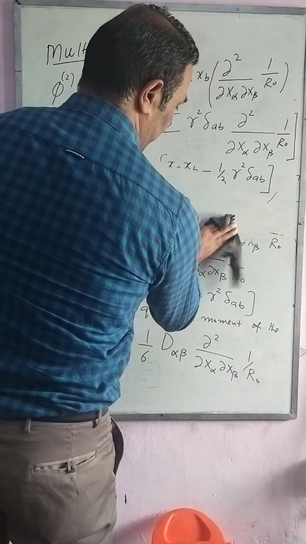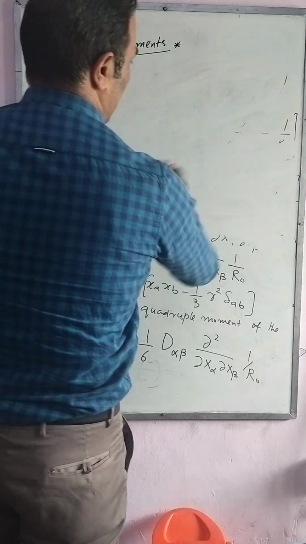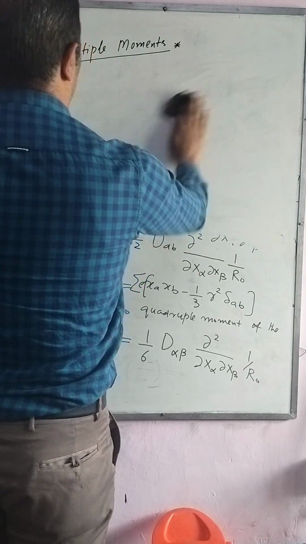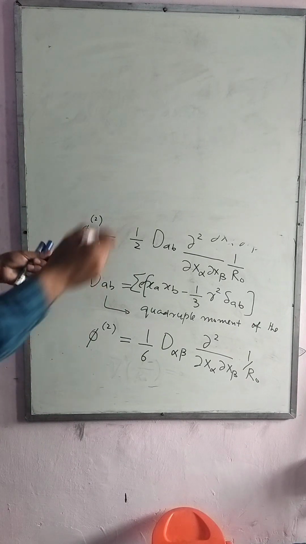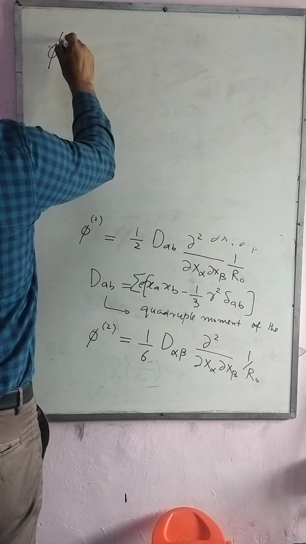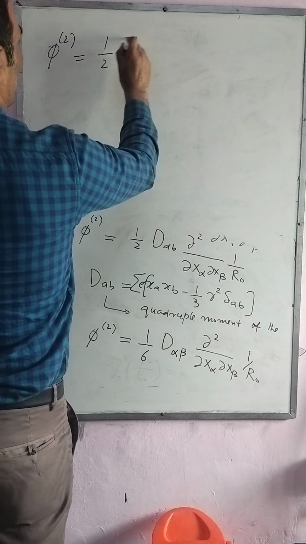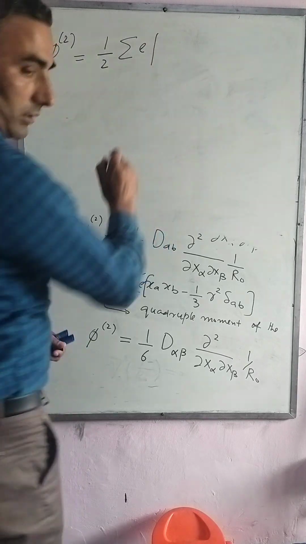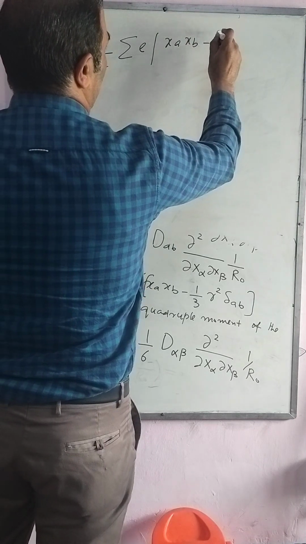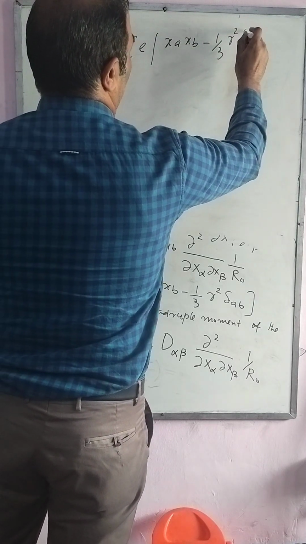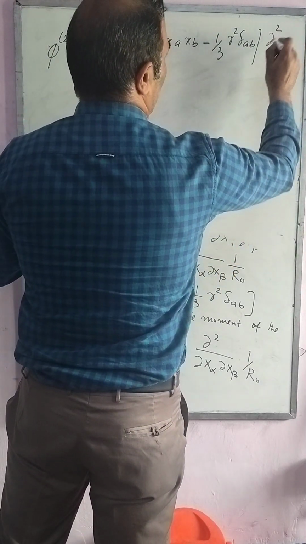So this all phi 2 will be equal to 1 by 2, summation of e into x_A x_B minus 1 by 3 r squared delta AB, right, and partial 2.